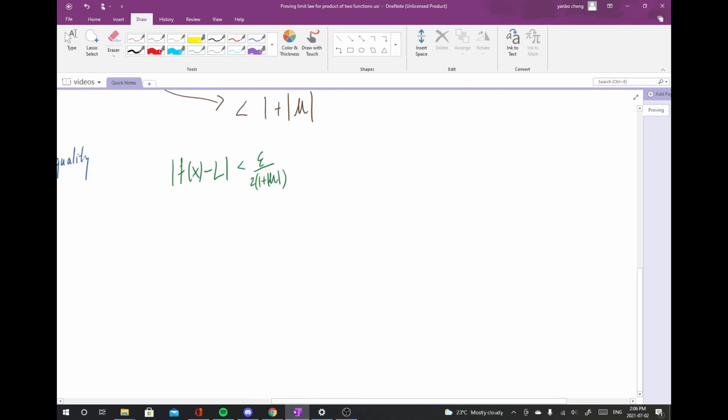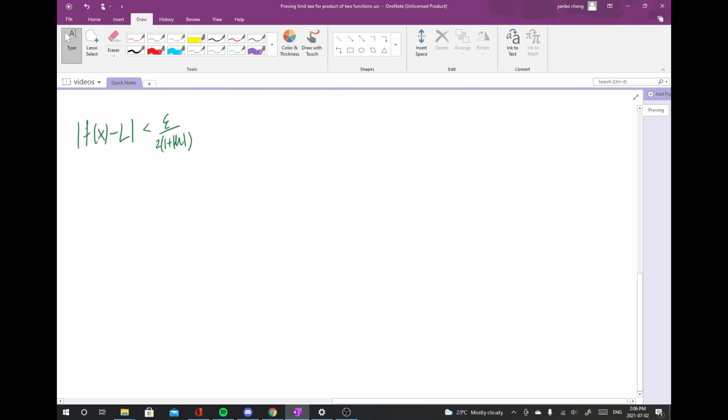Since we know that, there will be a delta 2 greater than 0 such that this is true.